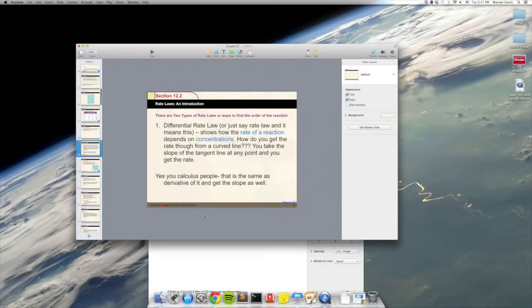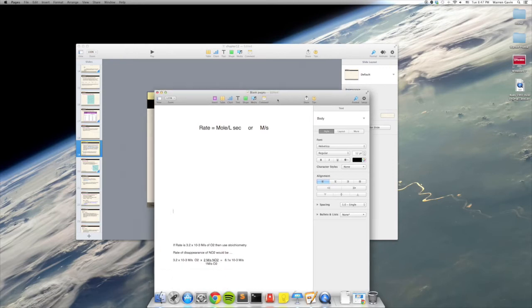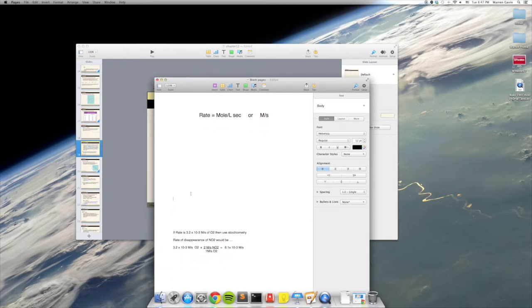And I'm just going to show you quickly, because I can't write on anything, that if the rate is 3.2 times 10 to the negative third molarity per second of oxygen, then we're going to use stoichiometry to determine the rate of disappearance of the nitrogen dioxide.